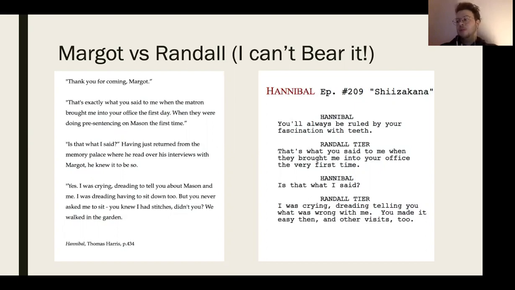The conversation between Margot and Lecter in the novel is lifted directly into episode 9 of the second season of Hannibal, recalling the first time that they met in his office and with the child revealing what is felt to be an awful secret.